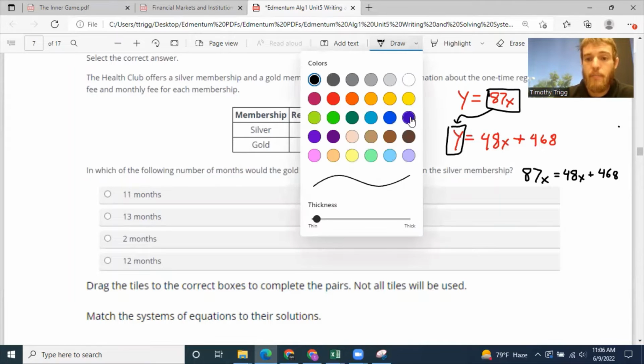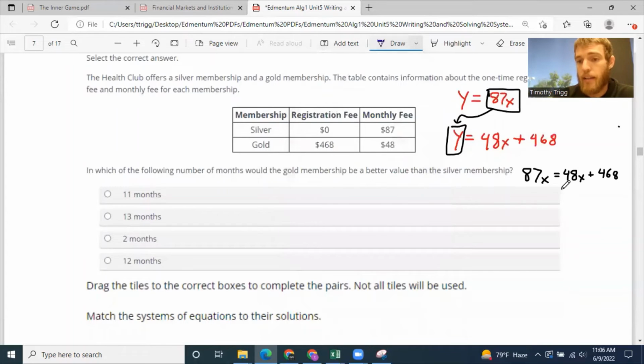What would I do next? Well, here I've got x's on both sides of the equation. I don't like that, so I'm going to go ahead and subtract 48x. Giving us that we still have 468 there on the right side. What's 87 minus 48? 39x.